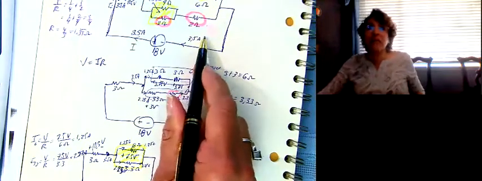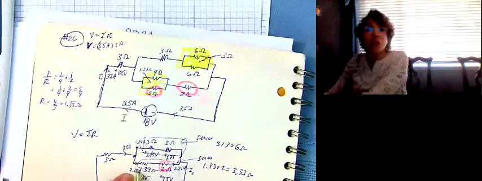Now we've got to ask about this one. Let's go back here. I know that the 1.33 is the parallel combination of these two, and the parallel combination means the voltage is the same across them. So I know that the voltage is 3 volts across this combination.